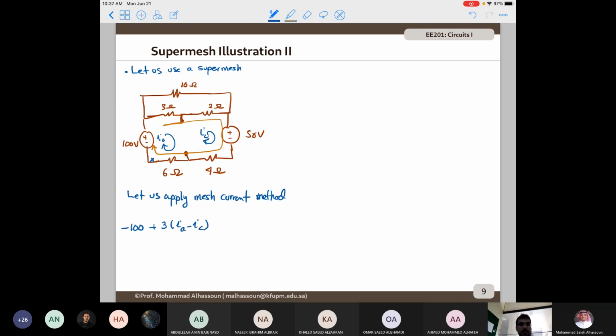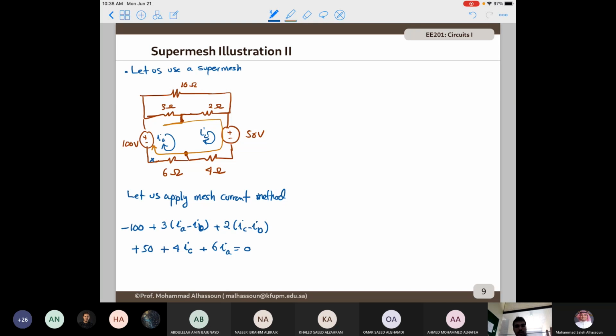Then we move to the second mesh, 2 IC minus IB. This one IB. Plus 50 plus 4 IC. Now we moved back to the first mesh, plus 6 IA equals to 0.